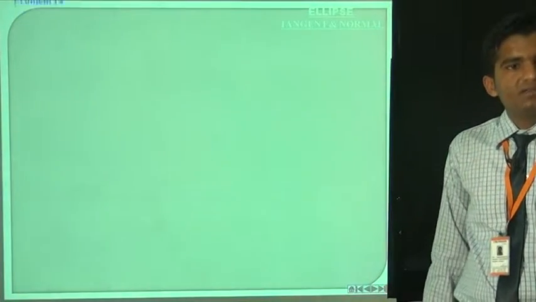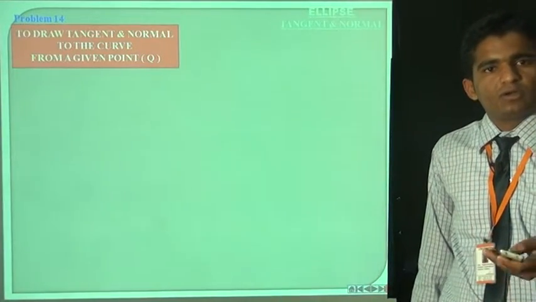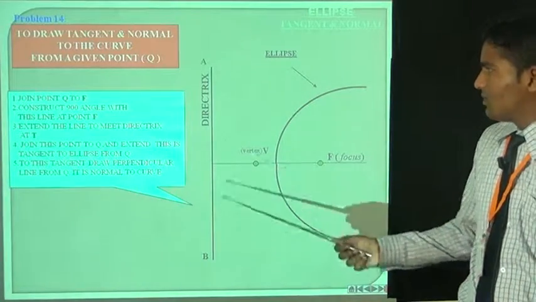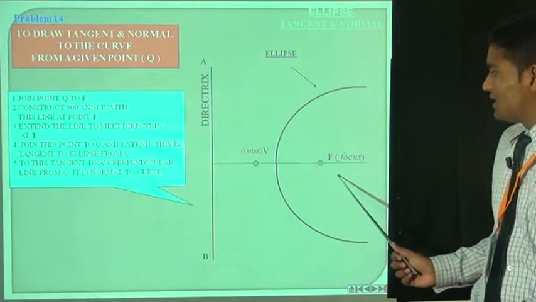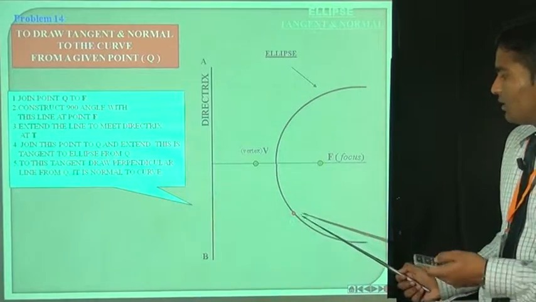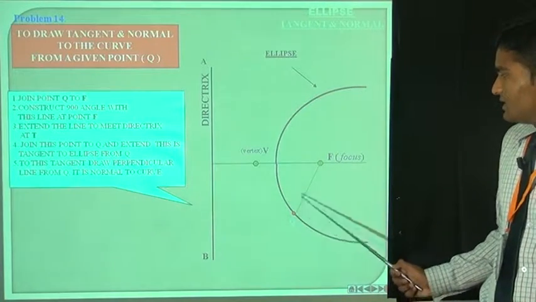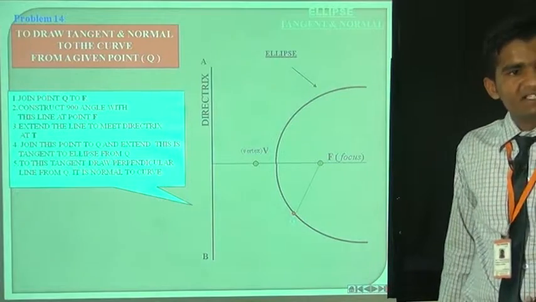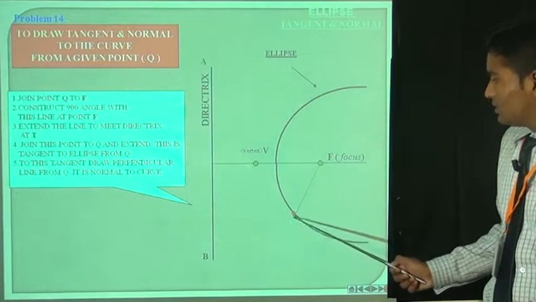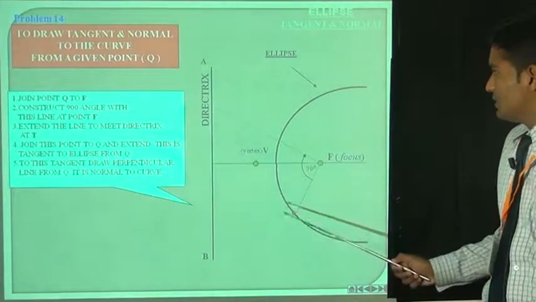Now take the normal and tangent of an ellipse if the ellipse is drawn by the focus and directrix method. So this is the problem. The ellipse is drawn by the focus and directrix method. So first of all, mark the point Q. I want to draw the normal and tangent from the point Q. So first of all, join Q to F, and the next step is draw the perpendicular line at 90 degrees from the point F, which cuts the directrix at a convenient length.